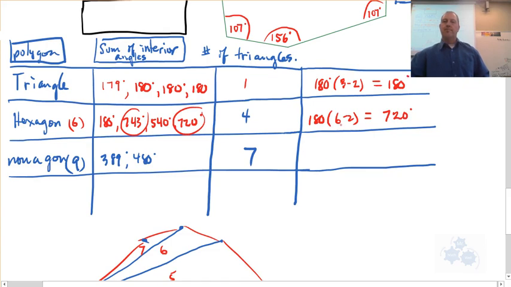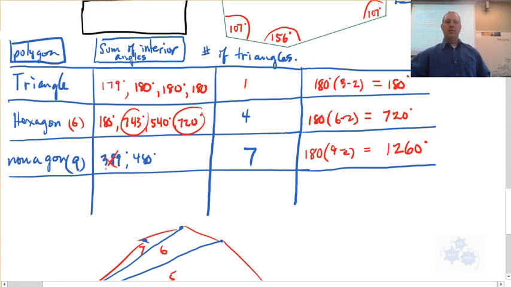That's 6 minus 2. What's this one then? 180 times how many triangles are in there? It's got to be 9 minus 2 triangles. So what's 180 times 7? 1,260.